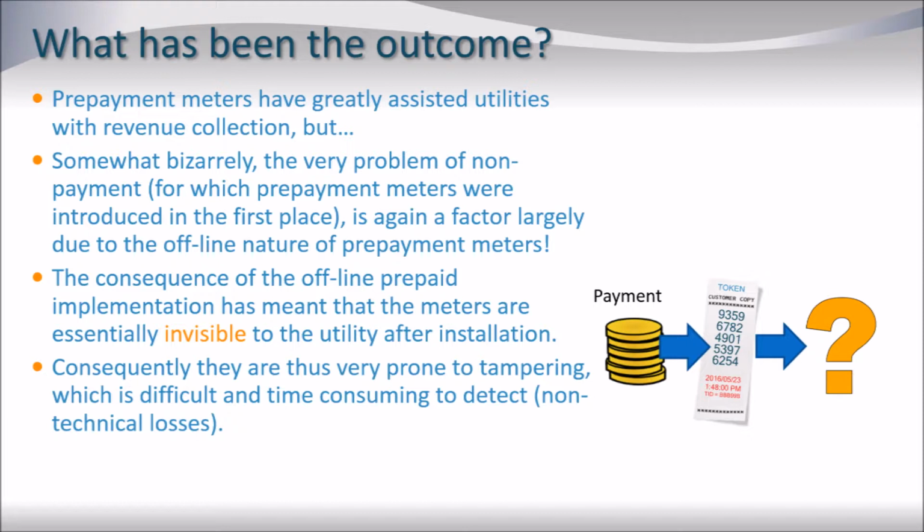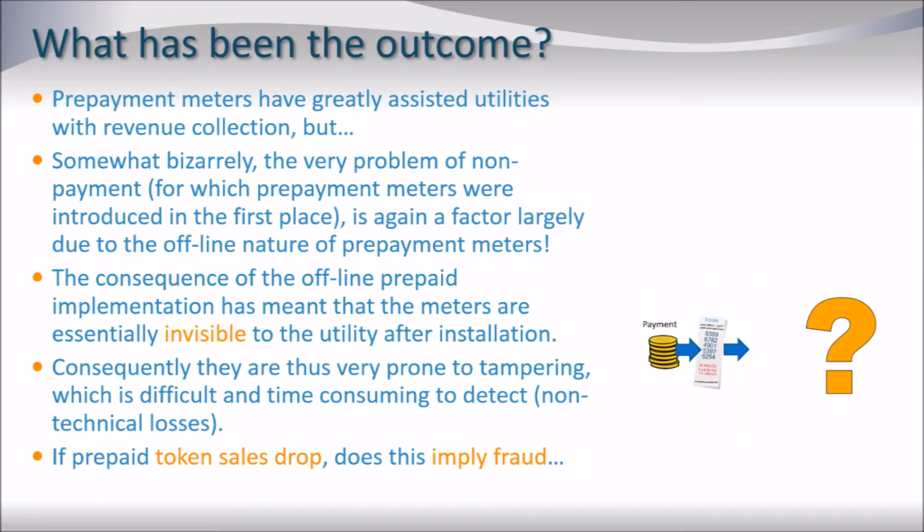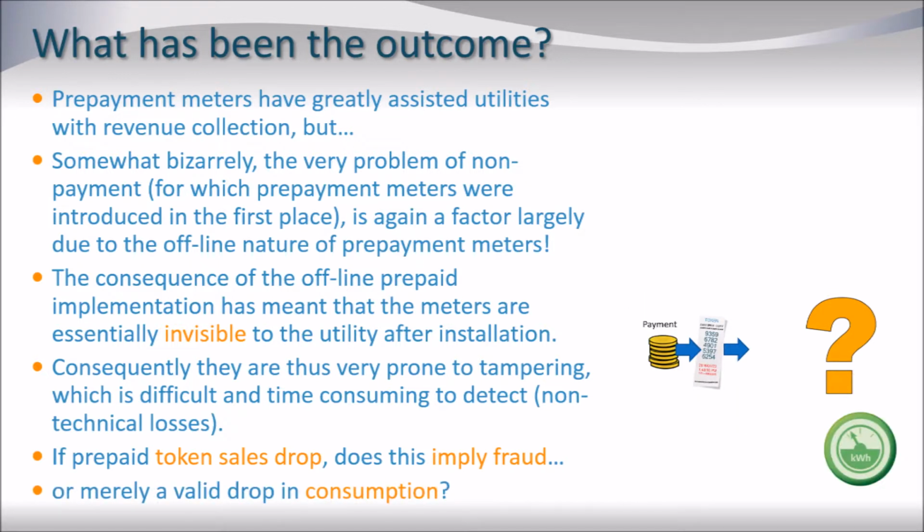Consequently, they are thus very prone to tampering, which is difficult and time-consuming to detect. These are regarded as non-technical losses. So for example, if a meter's prepaid token sales drop, does this imply fraud or merely a valid drop in consumption? This is of course the problem.